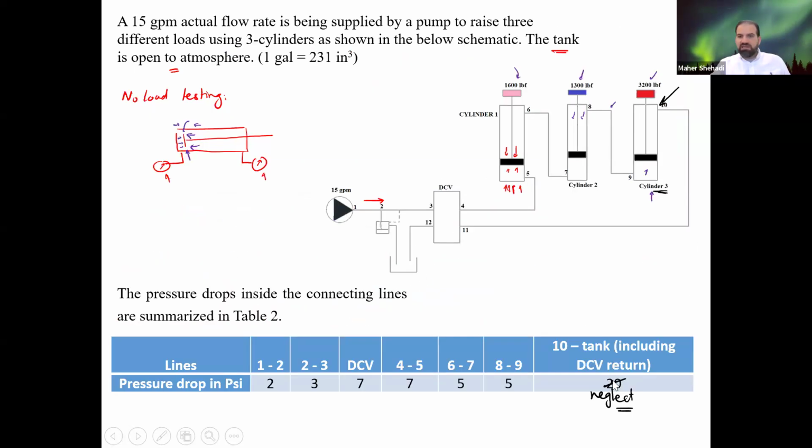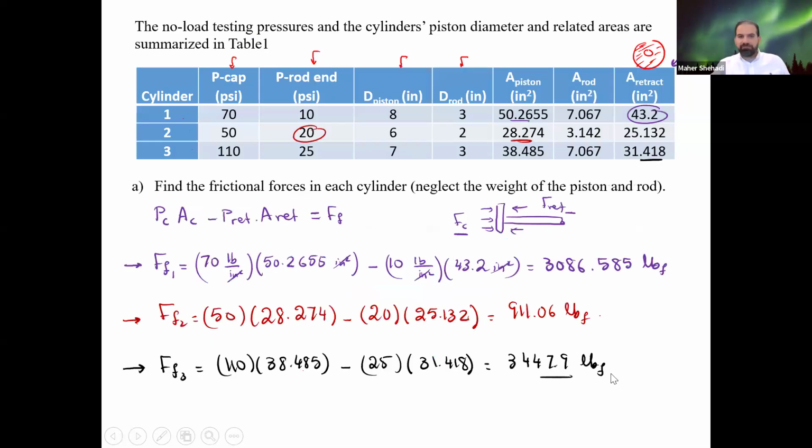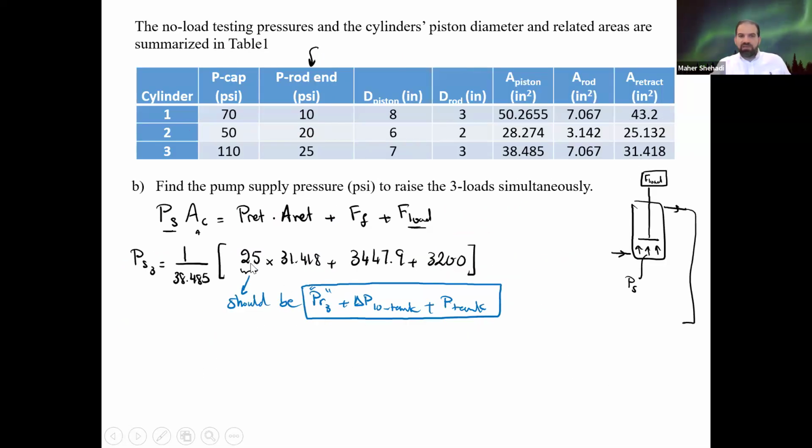So I will just need to add 20 to my pressure, the 25, and this would be 45. But whatever answer we're going to get for this is going to affect the answer for the second, the answer for the first cylinder. And that's why I'm just saying neglect over there, and we're going to just put a note here.